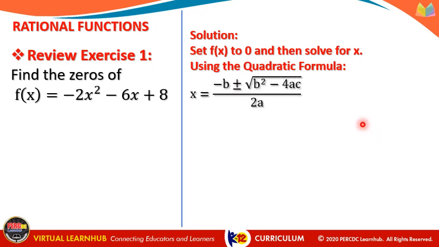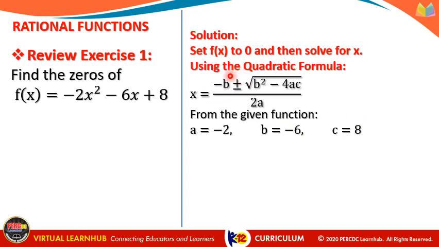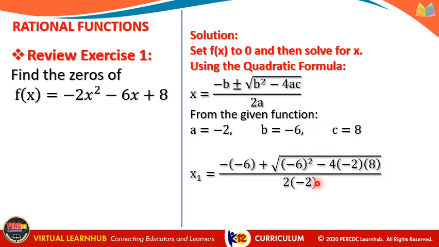Alright? To get the first root, gamitin ko lang yung positive part ng ating formula. So, again, substitute natin. B is negative 6, A is negative 2, and C is positive 8. Substitute everything, you will get negative 4. This is one of the roots.